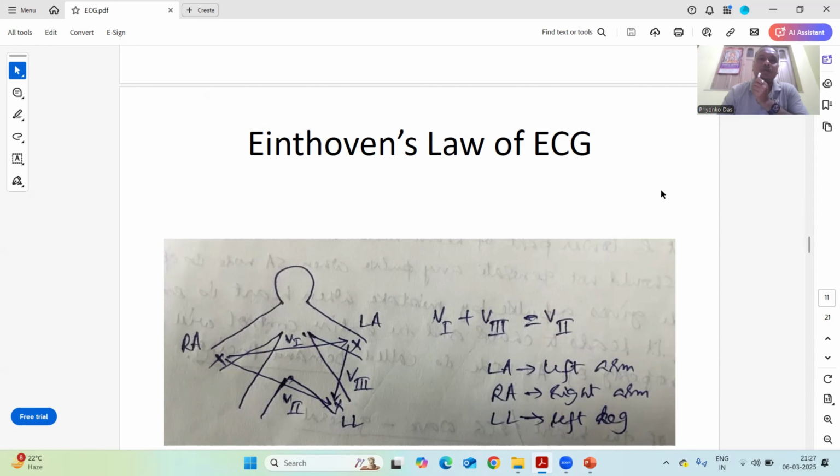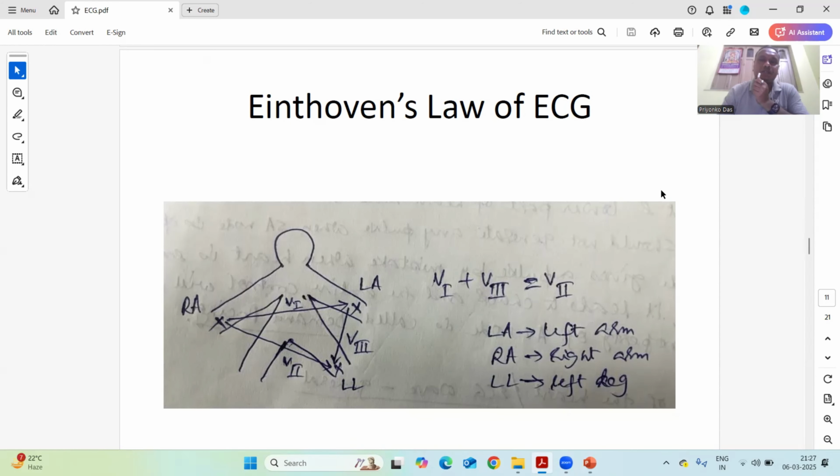So as per Einthoven, this is the human body, which I have drawn. Right arm RA, left arm LA, and left leg LL were put inside the bucket, as per the diagram, if you can recall.